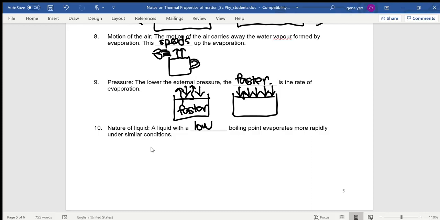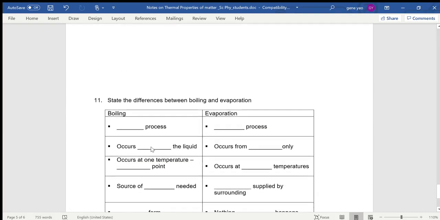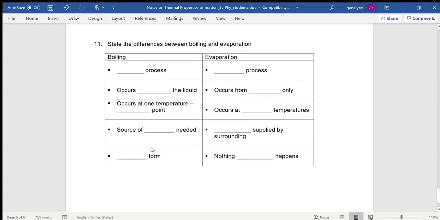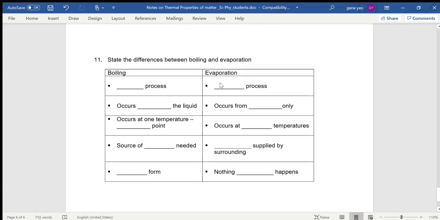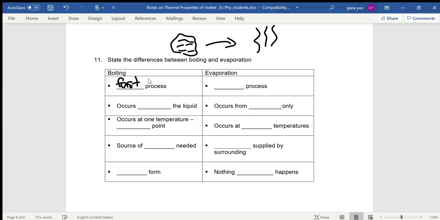Okay? Now, the next thing that you have to know is the difference between boiling and evaporation. Boiling and evaporation both involve a change in state from liquid into a gas. Boiling is generally a fast process, generally, not always, and evaporation is actually a slower process.